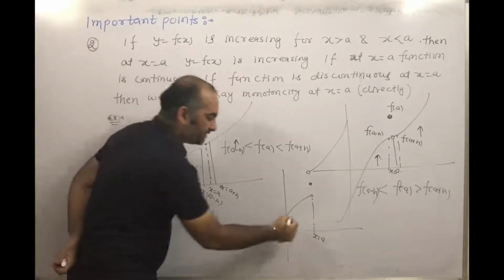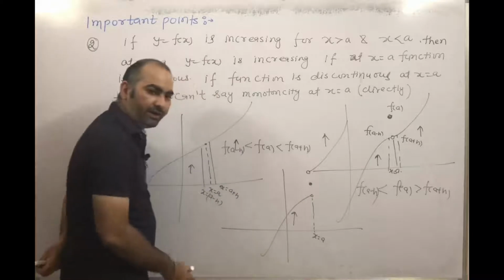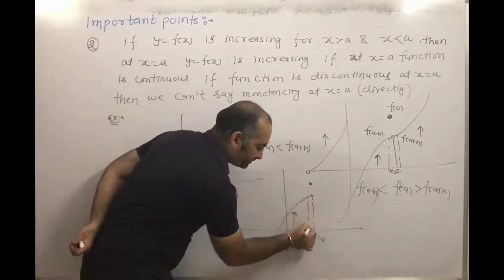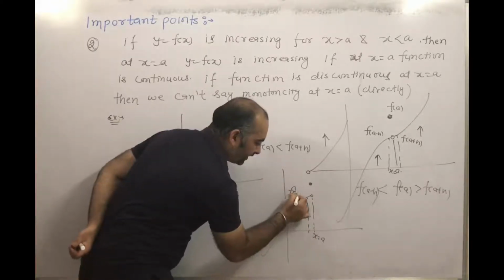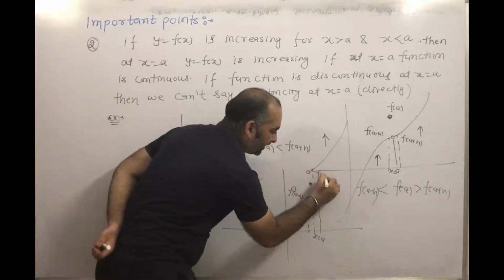So if you check here, the function is increasing here, and here also it is increasing. Now if I take this one, this is f of a minus h, and this one is f of a plus h.